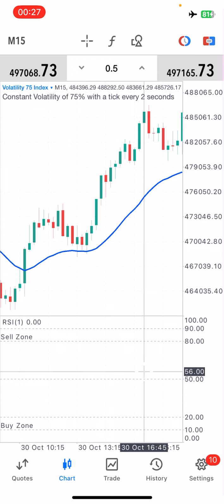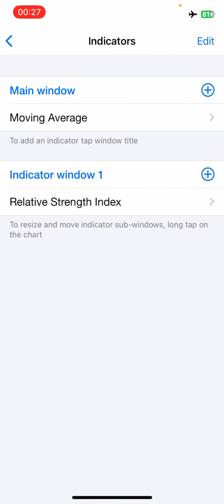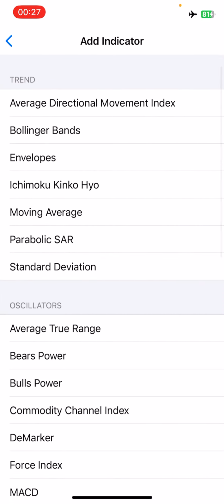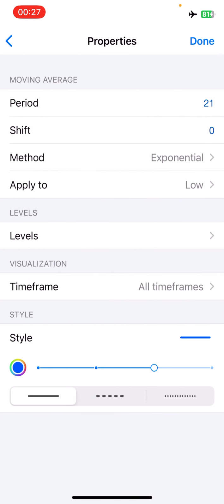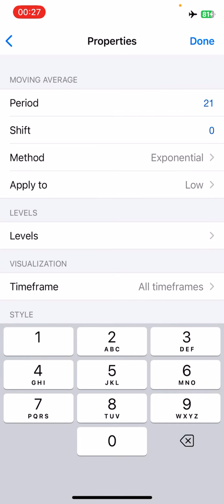Okay, then moving on, we're going to need to add some more indicators. So I'm going to add some more indicators under my indicator window 1. We're going to add a moving average again, but this time we're going to have a period of 1. The shift will remain as 0.